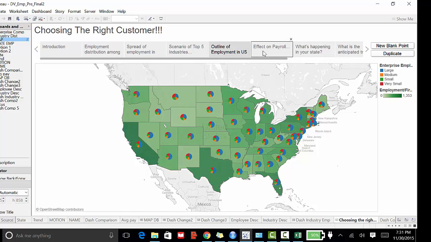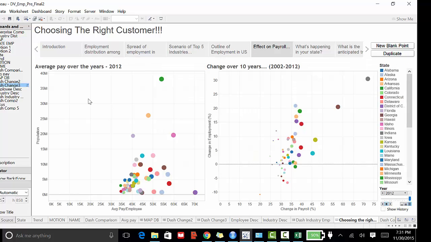Now we see the effect on payroll of population and employment. The dashboard combines two scenarios. The first shows the average pay over 15 years from 1997 to 2012, whereas the second one gives the overall picture of change in payroll with change in employment from 2002 to 2012.